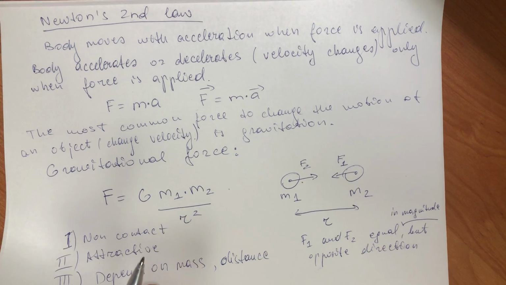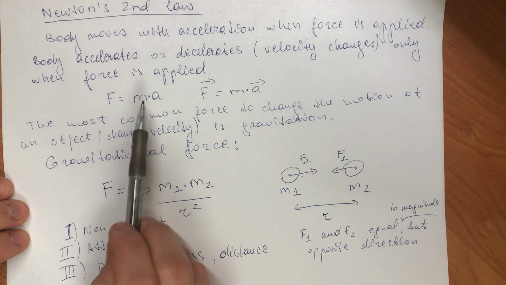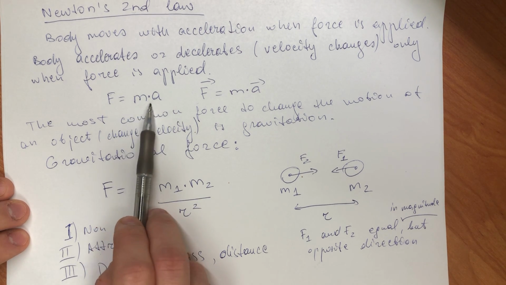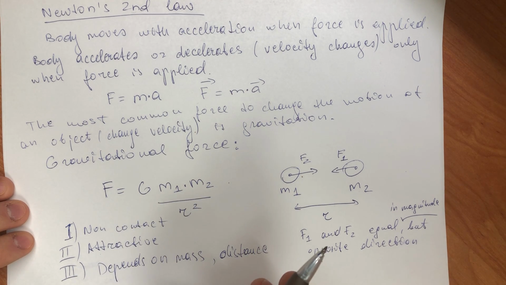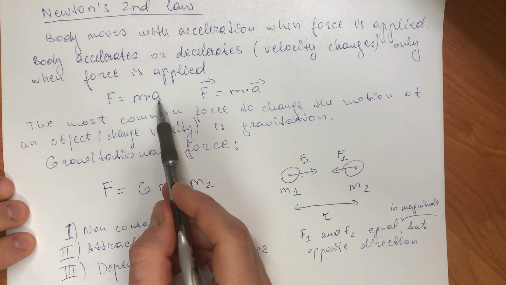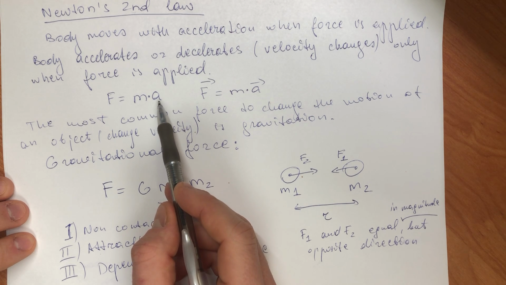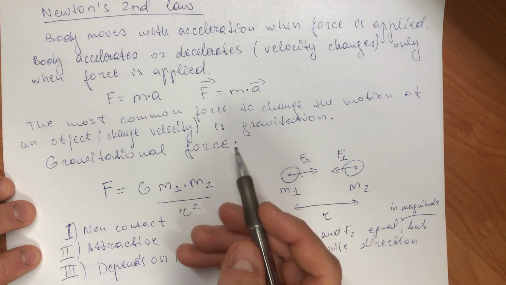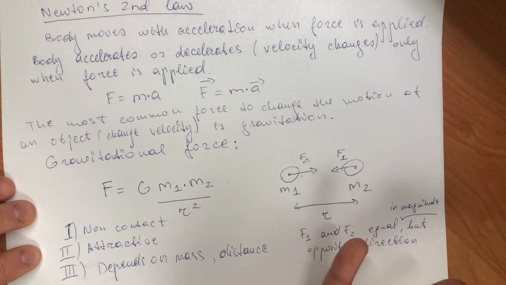So we have this equation, F is ma. When gravitation performs motion, this a is important, and this a becomes g, as we're referring to Earth's gravity.